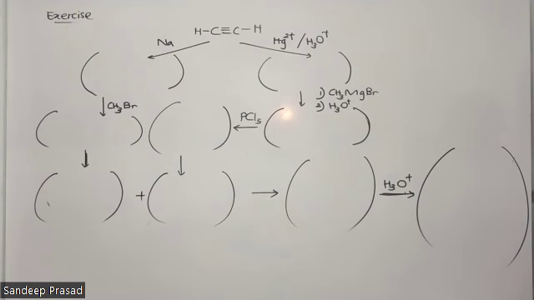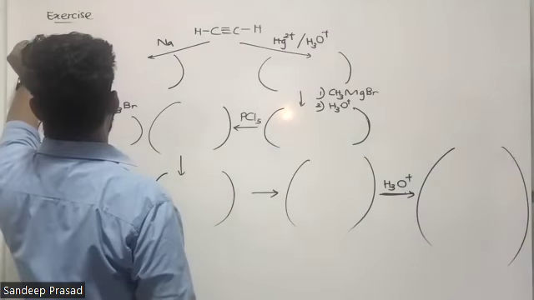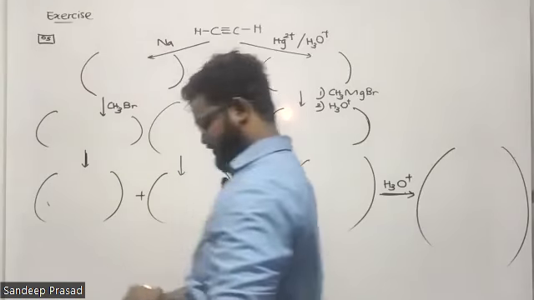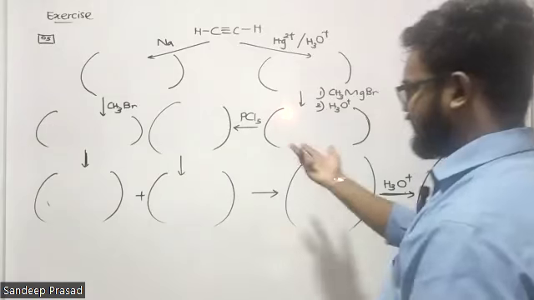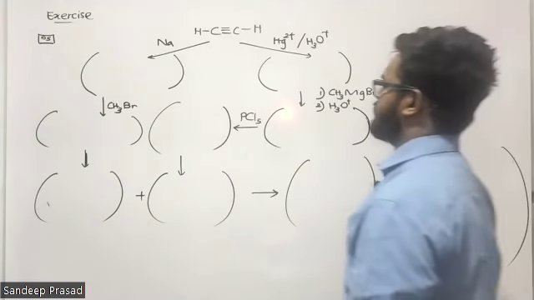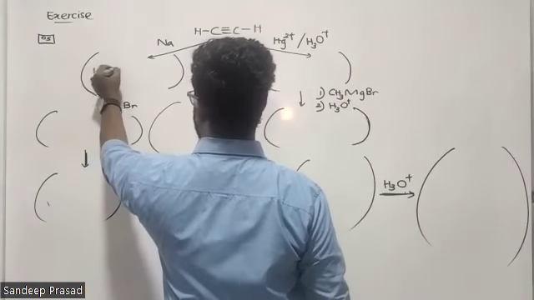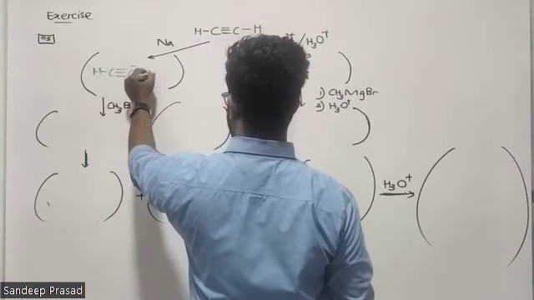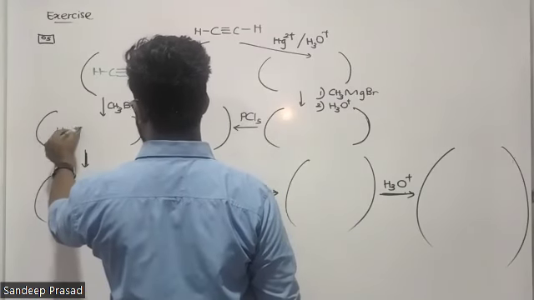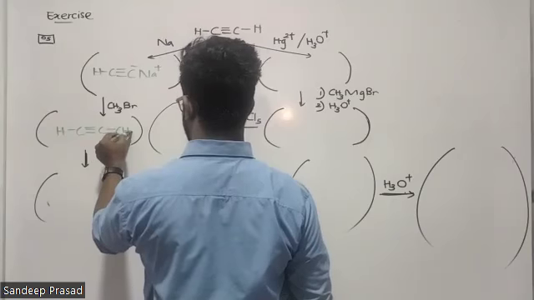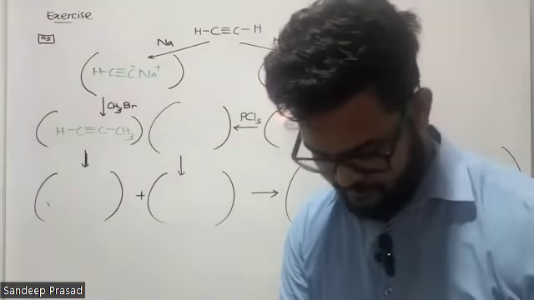Number 5. It's not difficult, right? Easy. But the way that they have given it is a little bit different from the previous questions. So sodium is reacting with this terminal alkyne, producing this kind of sodium derivative. CH3Br is added, therefore a CH3 group is connected there. Here we have to add the reagents.